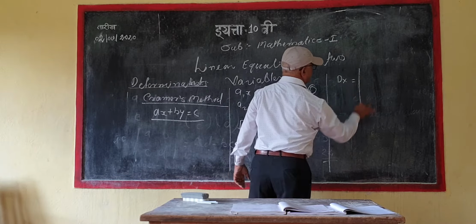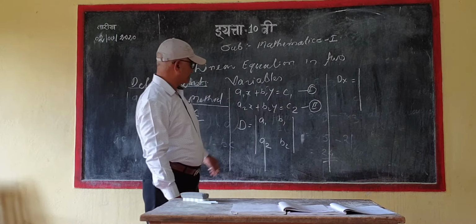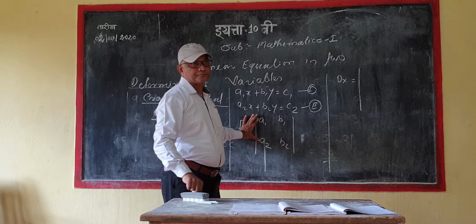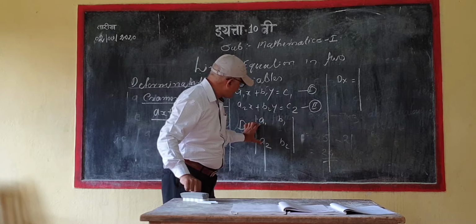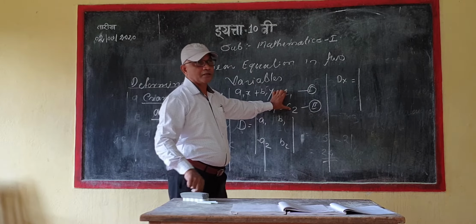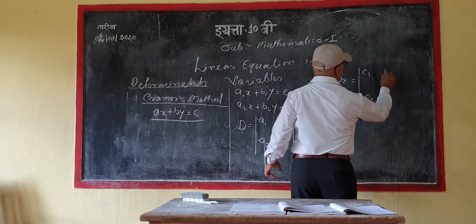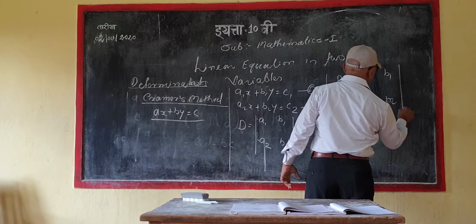Dx: instead of the coefficients of x, we replace them by c. Then we get c1, c2, b1, b2.